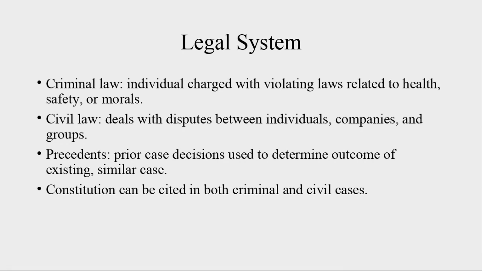In both civil and criminal cases, the Constitution can be cited. More often in criminal cases, they may talk about a violation of a Fifth Amendment right or a violation of habeas corpus when referring to a mistake in a criminal case.